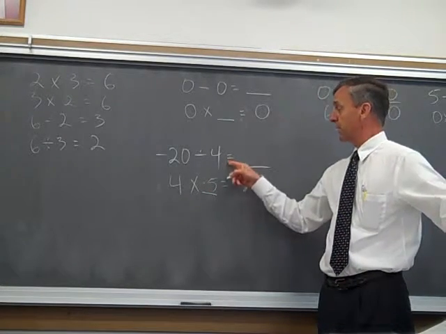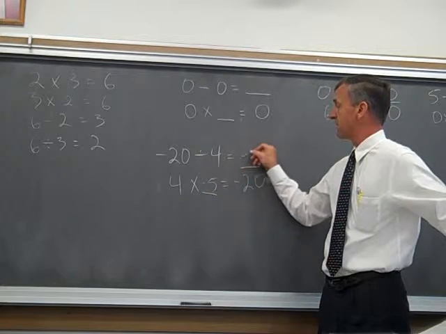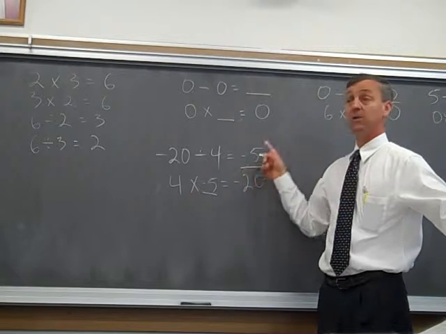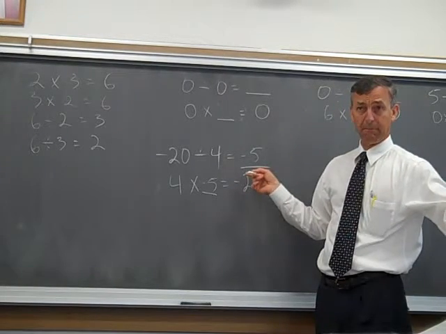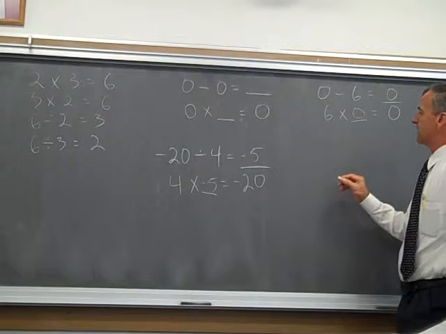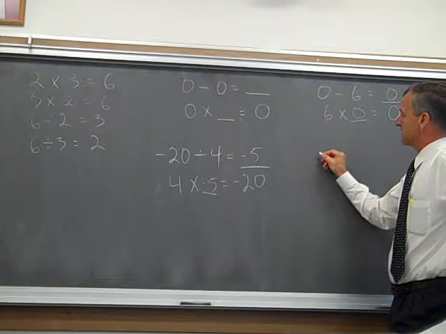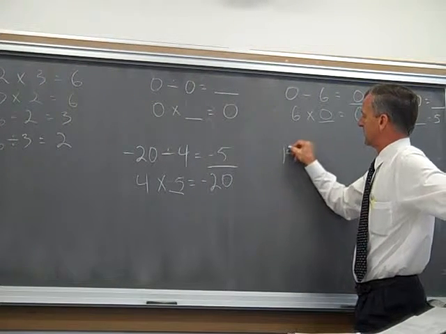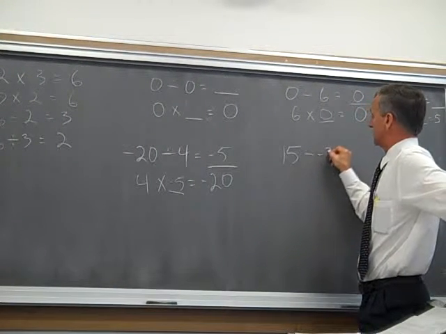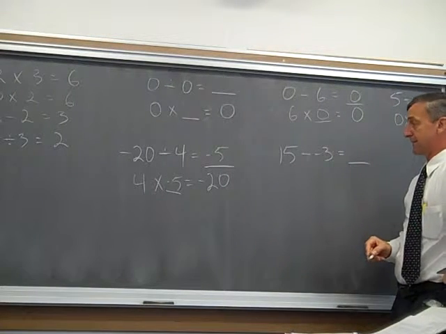So we'll put this problem up. They'll write this and they'll say, oh, if that's negative 5, this must be negative 5. Otherwise, it couldn't be in the same family. Then we'd put another one up. What's the answer?